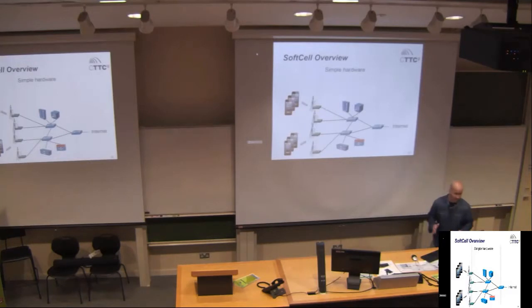This implies removing all the tunneling that starts here and ends here in current deployments, GTP tunneling, and moving all this functionality from the gateway of the EPC to these access switches and these intermediate switches.